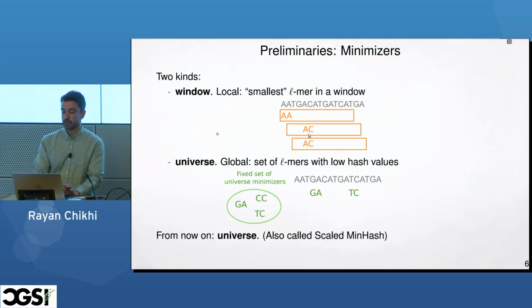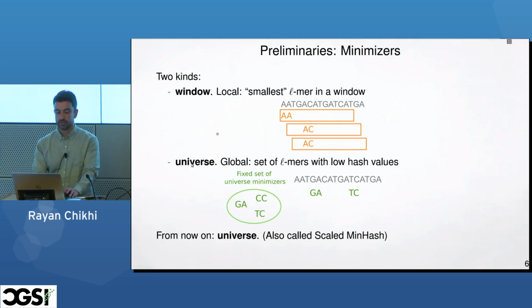And you can see that the property here is that consecutive windows tend to share the same minimizer. There are some considerations about ties. For instance, what if you see AC twice inside the window? Then you might take the leftmost one, for instance, to break ties. So that's one way to extract a signature of a sequence.